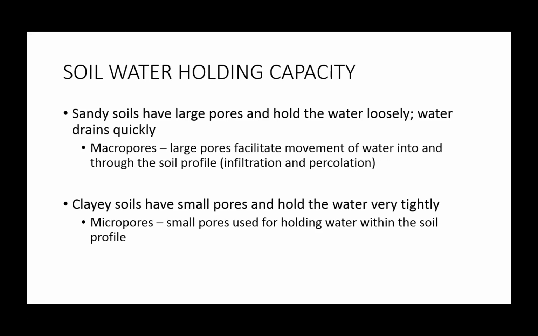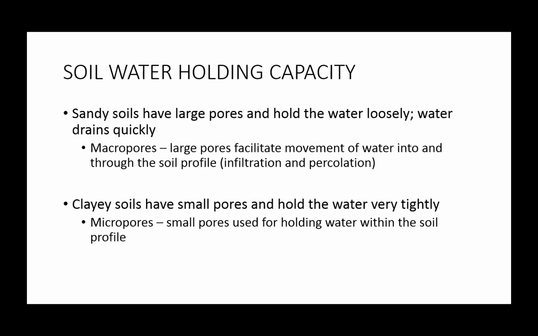Your clayey soils, though, are like a highly congested downtown New York, right? Very small streets, lots of water trying to get through all at the same time. So tiny little micropores, and they're going to hold water really tightly because of attraction to those soil particles. So those micropores are great for holding water, but we don't want just micropores.